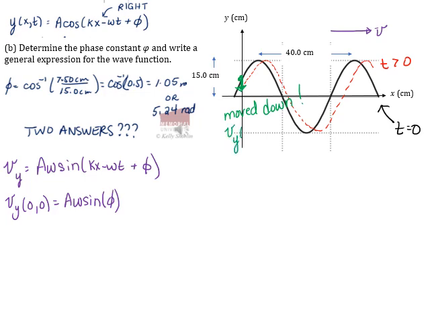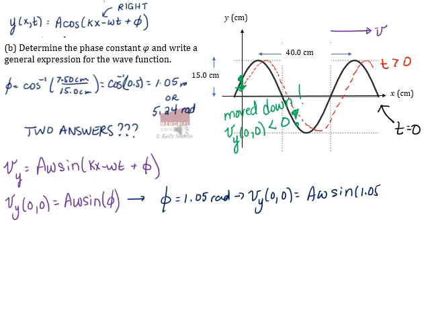That tells me that my initial transverse velocity is down or negative. Okay, now I've got another little bit of information. So if my phi is equal to 1.05 radians, then my initial velocity, Vy of 0 and 0, is A times omega times sine of 1.05. That turns out to be positive.